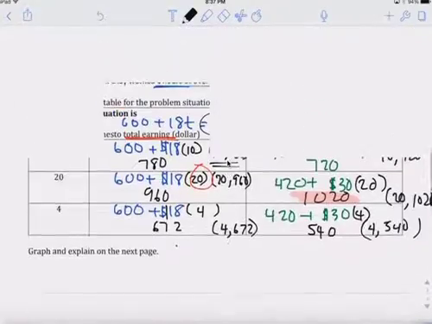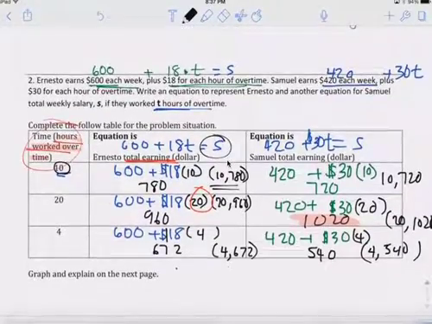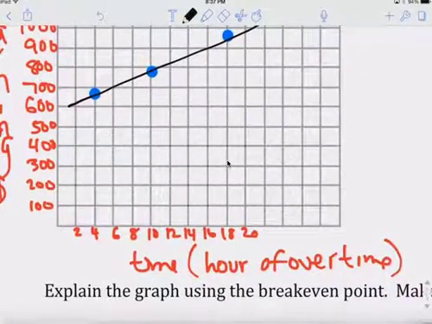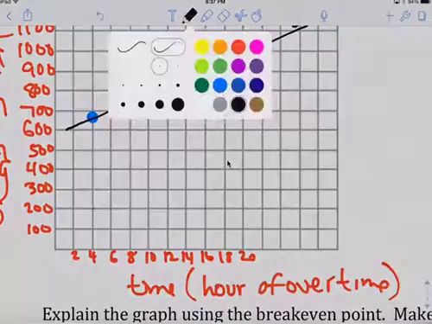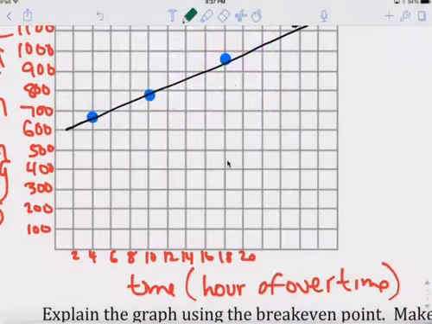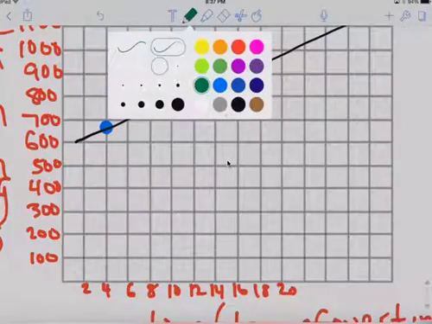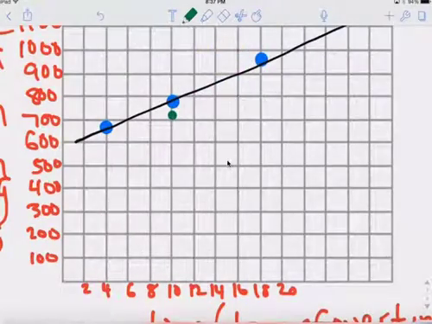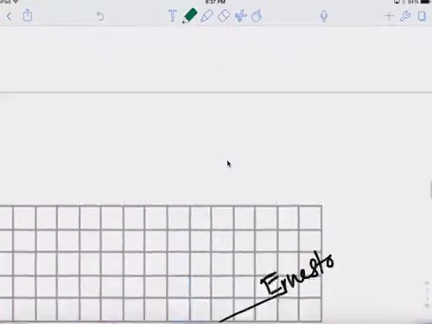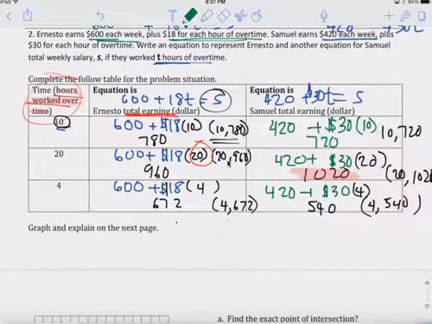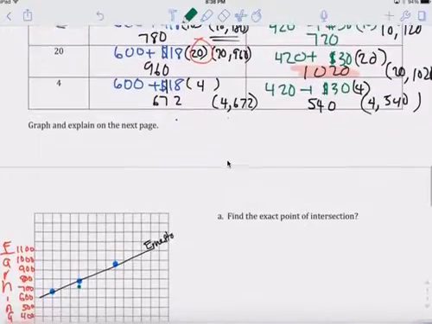Okay. And then Samuel. Samuel's 10, 720. Right below, we'll do it to 720, about right there, right? No, we need a little bit bigger. 1,070 is about right there. And then 2,200.